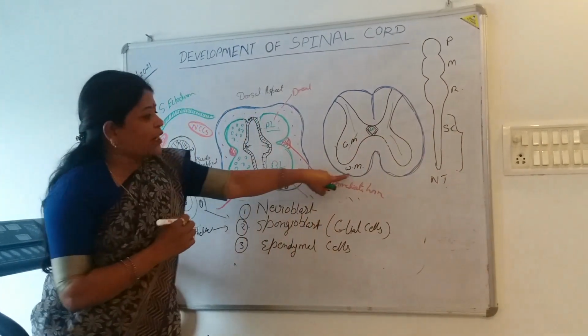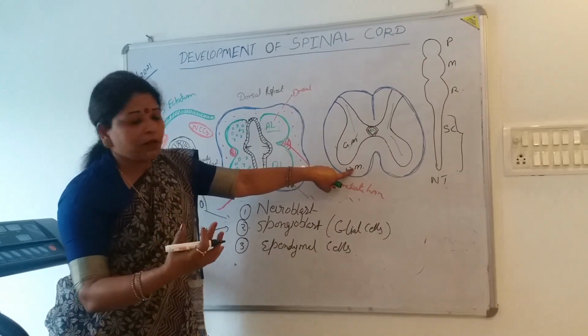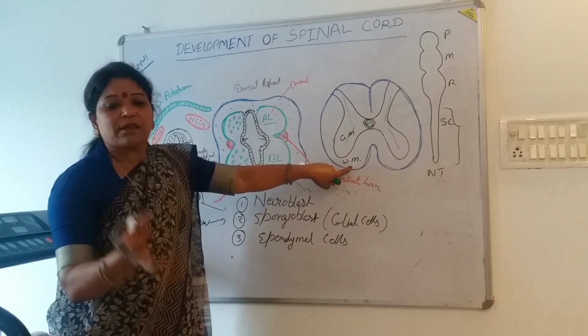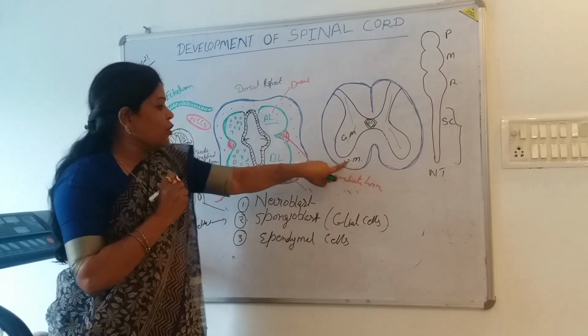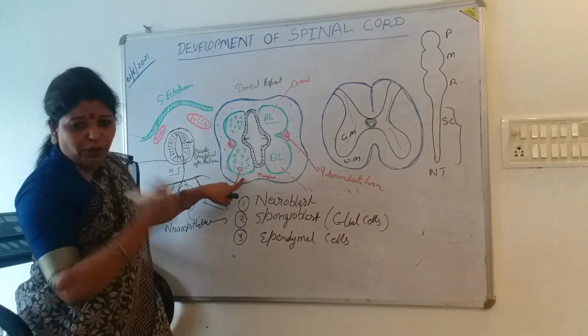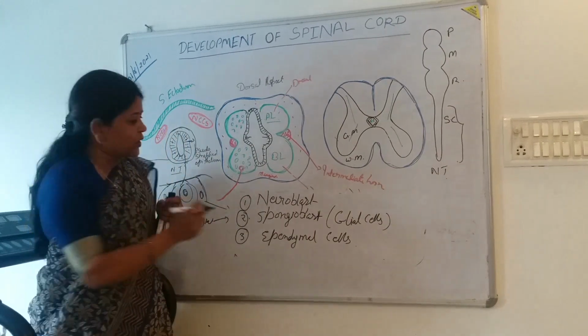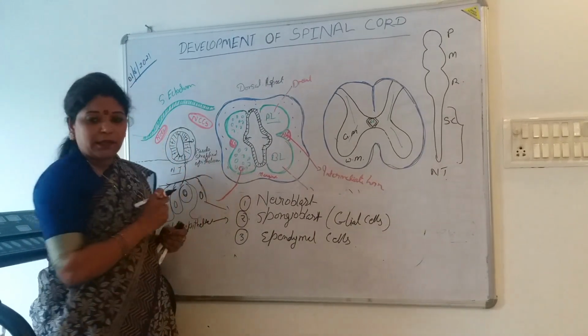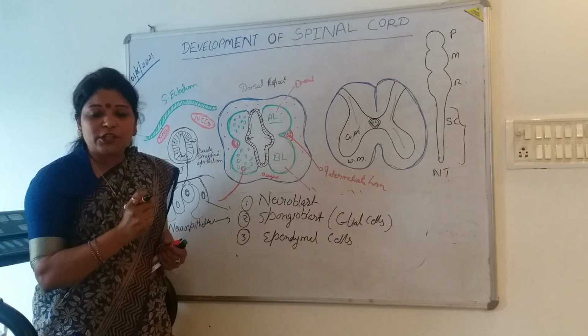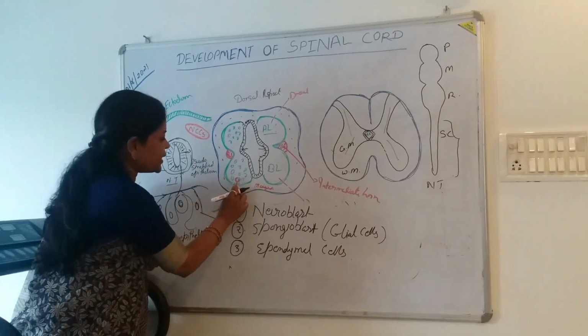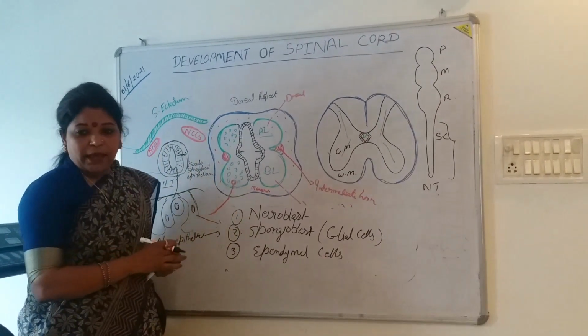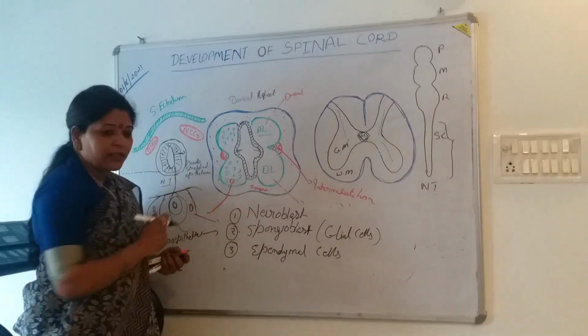In the future spinal cord, the white matter surrounds the grey matter. It is white because of the myelination of the axons present inside this marginal layer. So which cell is responsible for the myelination of these axons inside the marginal layer?